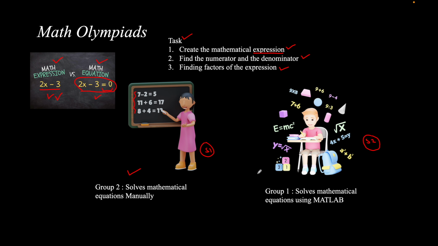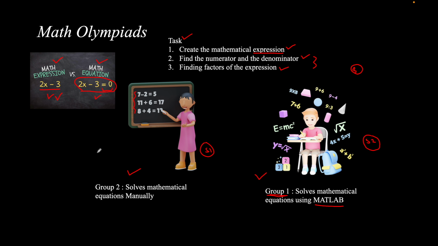And another group analyzed and came up with the expression, and now they want to use MATLAB as a tool to derive the final outcome, which is the two expected things present here: finding the numerator and the denominator, and finding the factors. Okay, so after some time, maybe within 3 minutes, they are able to give you the outcome from group one, right?